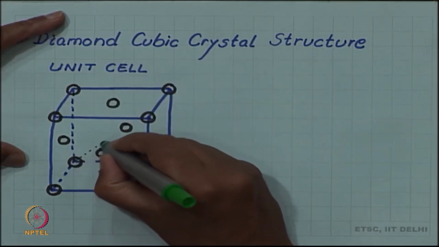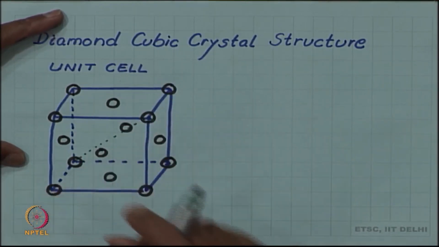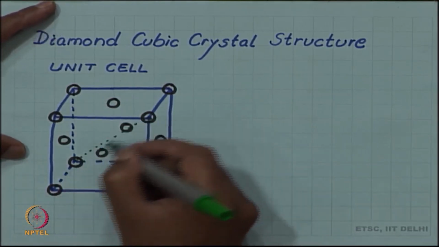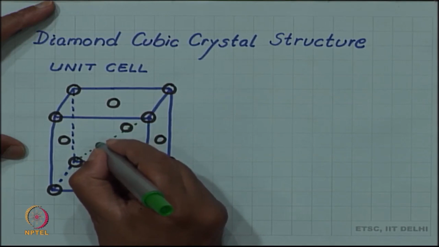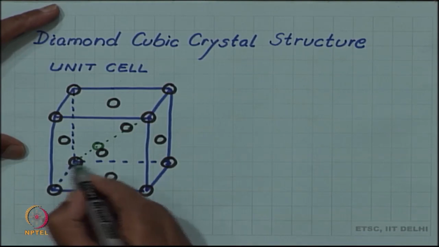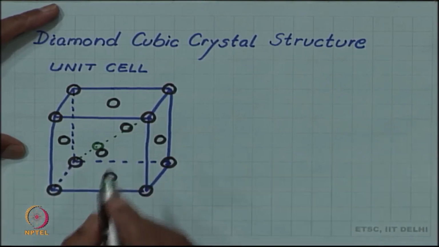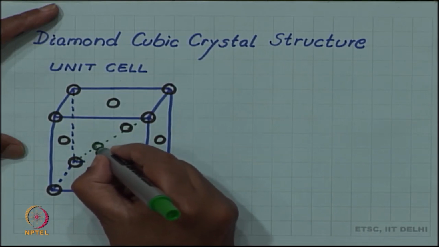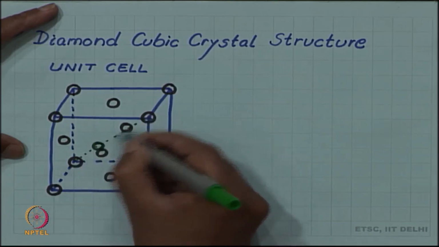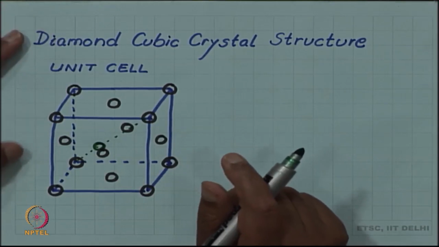One body diagonal is emerging from here, and on each body diagonal the atom is either at 1/4 or 3/4 location. So, starting with this corner I have drawn a body diagonal and I have located an atom at 1/4 of the total length of the body diagonal.